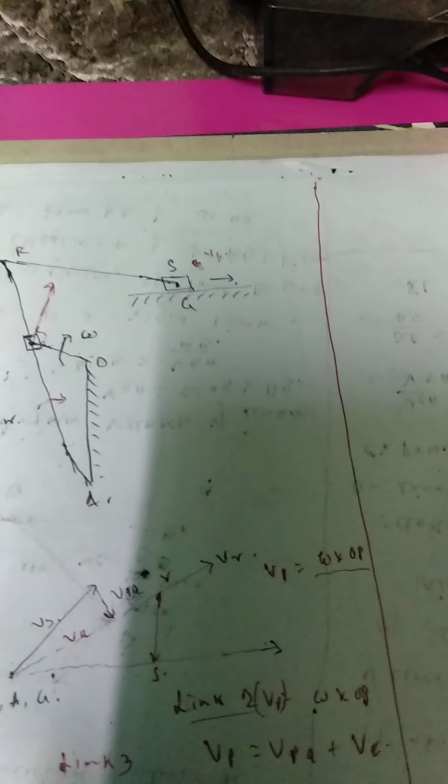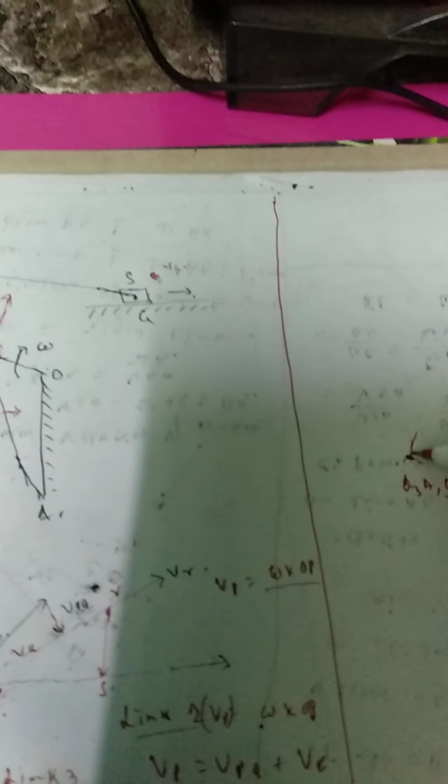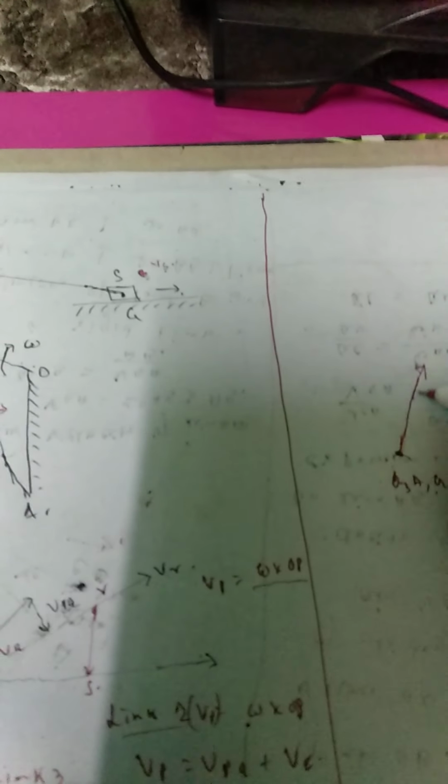So from here we will draw this line which is parallel to this line. Suppose like this. This is Vp.